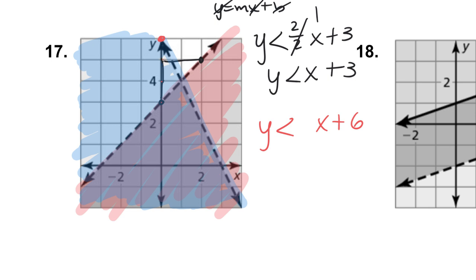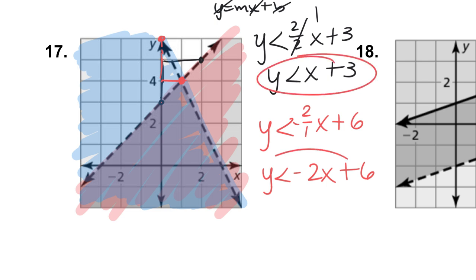The next point is going to be right over here, correct? So I'm going down 1, 2. That means it's negative 2 and over 1. This is going to be rewritten as y is less than negative 2x plus 6. And these are both of my answers to my inequalities of this graph.